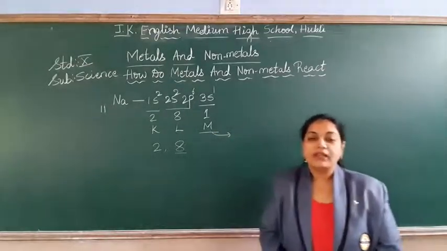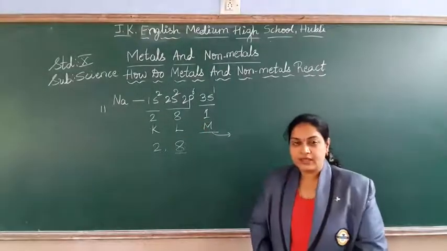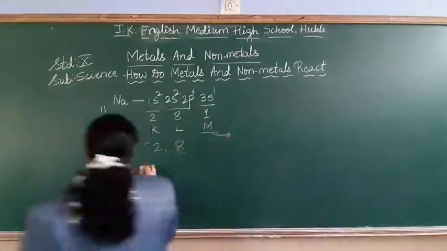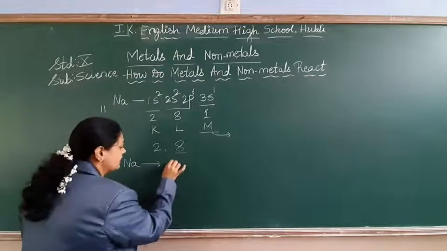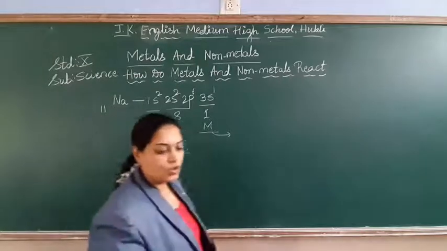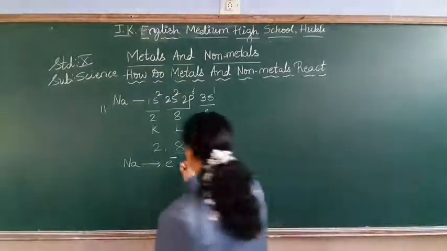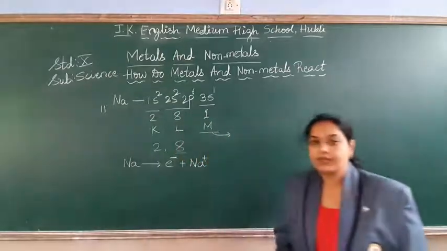When it loses its electron, 11 protons are still there, but only 10 electrons. So sodium, by losing its electron, hope you are understanding, becomes positively charged, that is Na+.